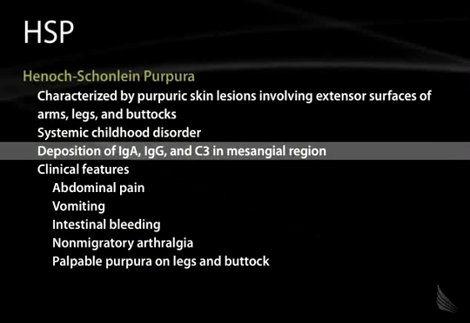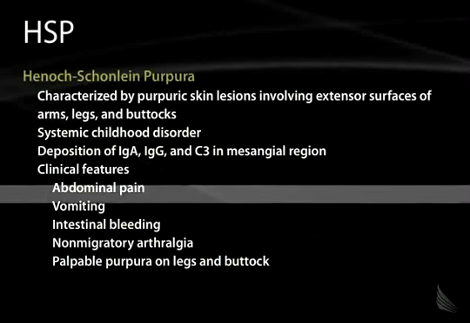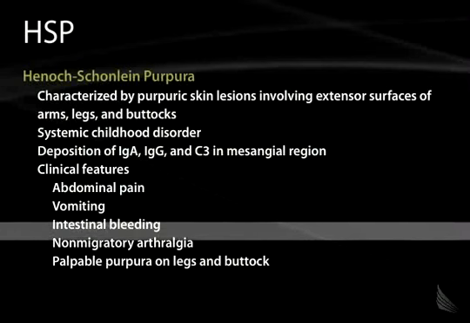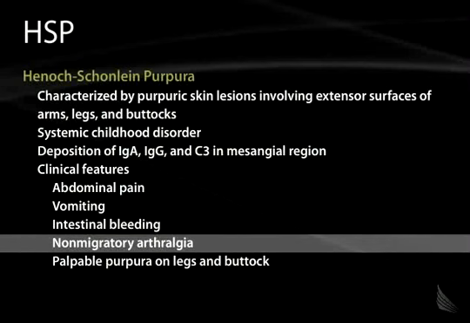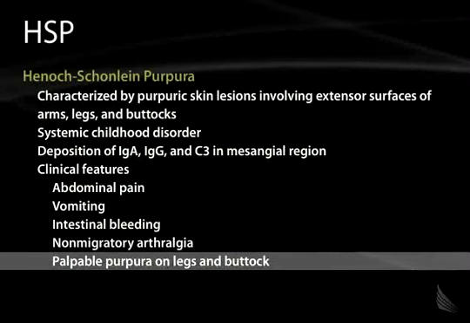At least that's the renal manifestation of the disease. Clinical features include things like abdominal pain, vomiting, intestinal bleeding, non-migratory arthralgias, meaning arthralgias that stay in the same joints, and then this palpable purpura on the legs and buttocks. And again, this is an autoimmune disease, the manifestation in the kidney of which is deposition of immune complexes in the basement membrane.